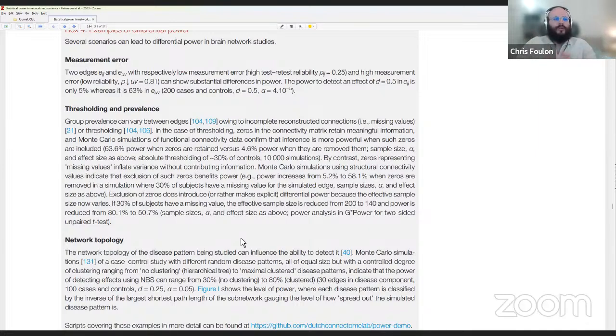For example, with structural connectivity, if there are a lot of crossings, that will trouble the algorithm to reconstruct the connections. So it might create artificially weaker connections, which might actually be pretty strong in the real brain.